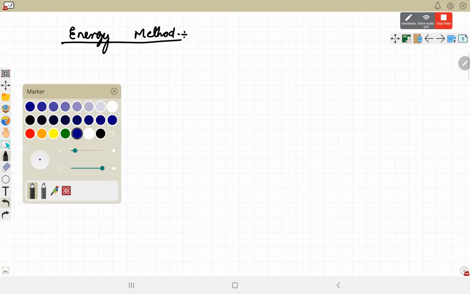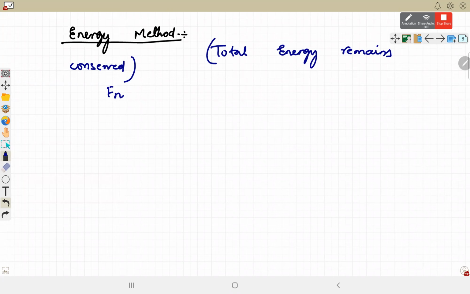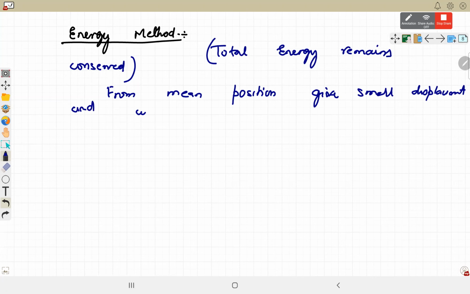In SHM, the total energy always remains conserved. So from the mean position, give a small displacement and write all the energies, and then differentiate energy with respect to time.